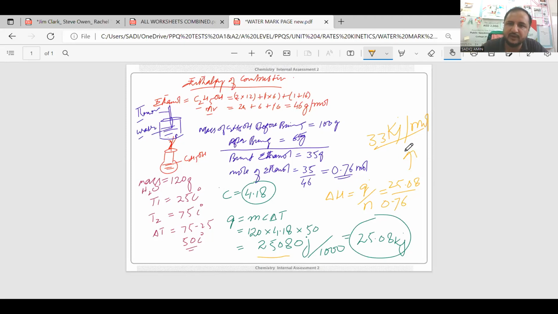And fifth mark, you are calculating kilojoules per mole. But along with the definitions of exothermic, endothermic, and enthalpy of combustion: 2 marks for the exothermic definition, 2 marks for the endothermic definition, and 1 mark for the conversion process. So you get 5 plus 5, 10 marks for it.